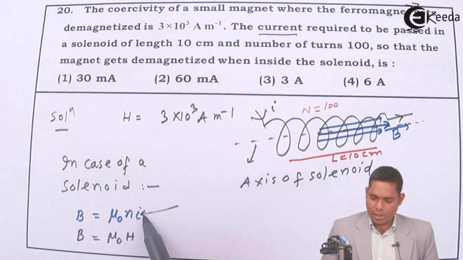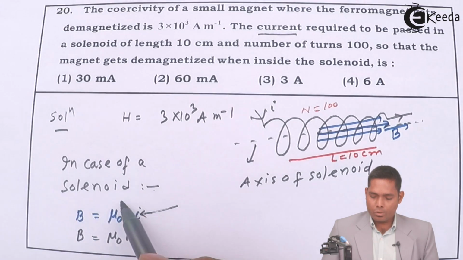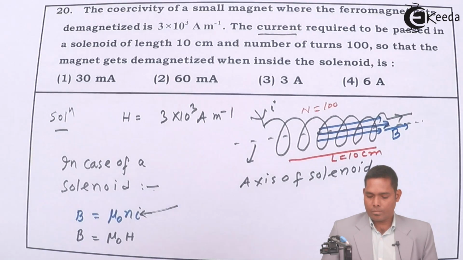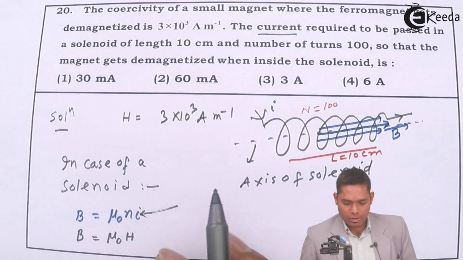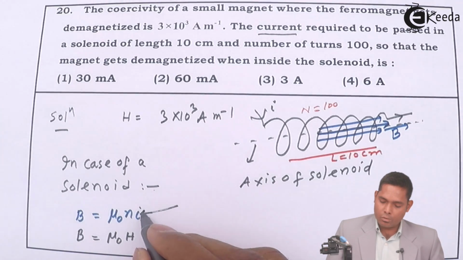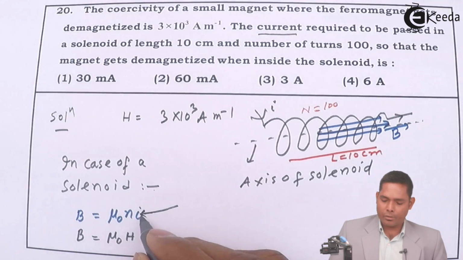I can increase or decrease I, so if I give a certain I, the multiplication of these two will be equal to this. I don't have any other choice, only the choice of making I different.